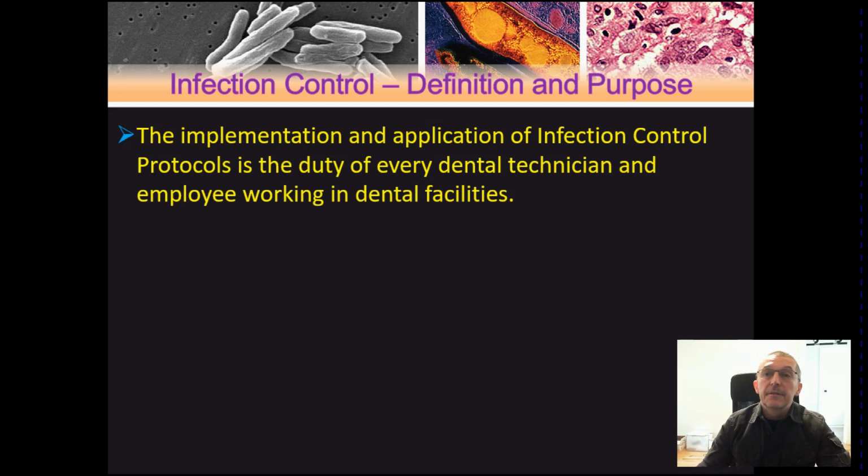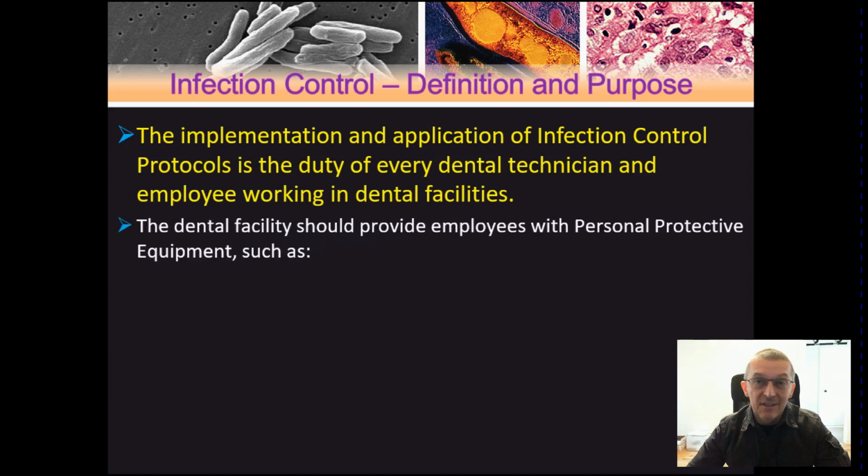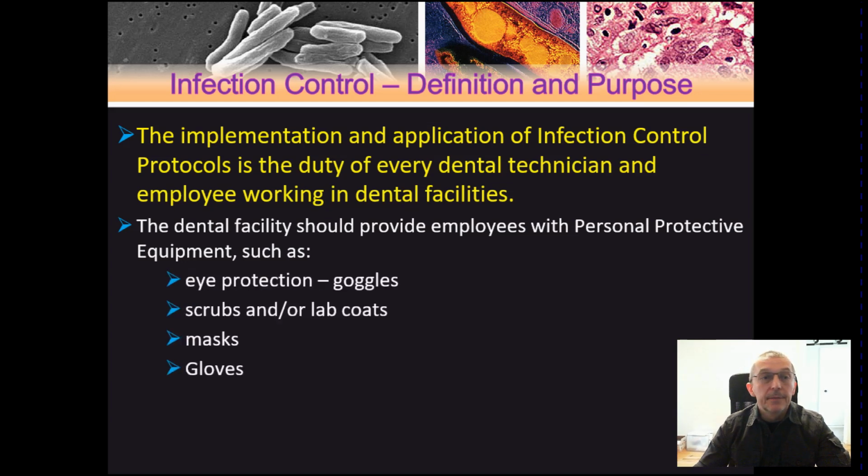Now, the dental facility, whatever it may be, a laboratory or clinical place, like a dental office, has the responsibility to provide personal protective equipment, and that includes eye protection, outer coverings, masks and gloves.